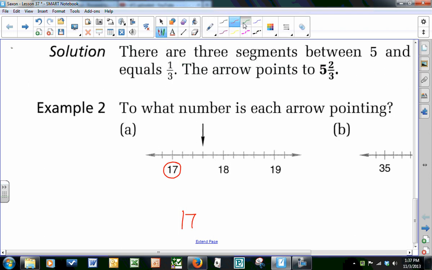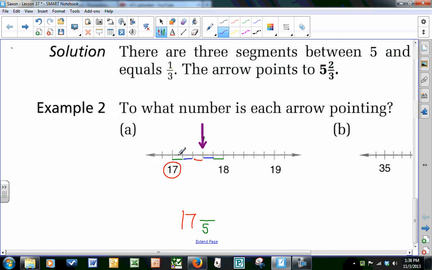Now I can go through and count my segments starting at 17. Here's 1, 2, 3, 4, 5. I have 5 segments in all here, so that's my denominator. And then to find my numerator, that's the tick mark that the arrow is pointing at.